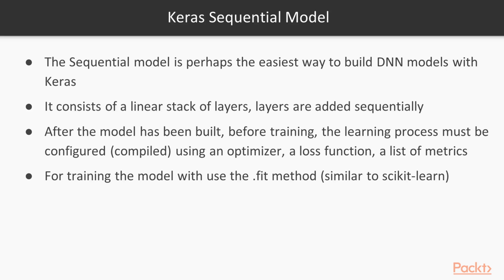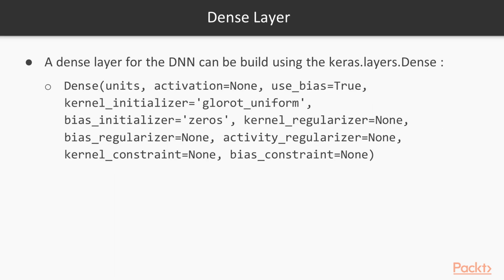So you must specify which optimizer you're going to use, the loss function, and a list of metrics. And then for training, you use the .fit method, similar to scikit-learn if you are familiar with that library. And then the model will fit the data to the neural network to learn the weights and biases.